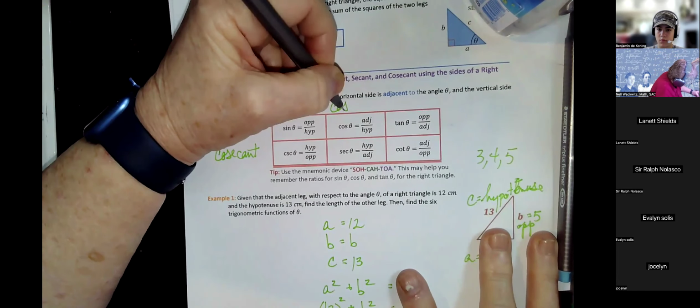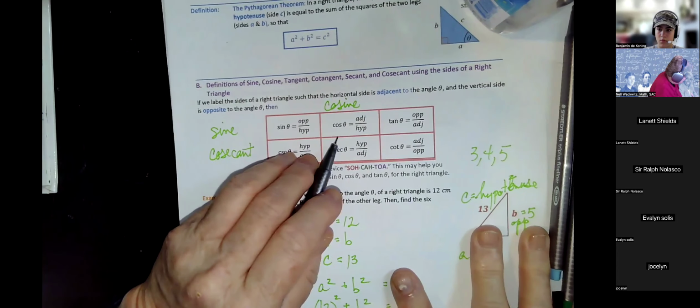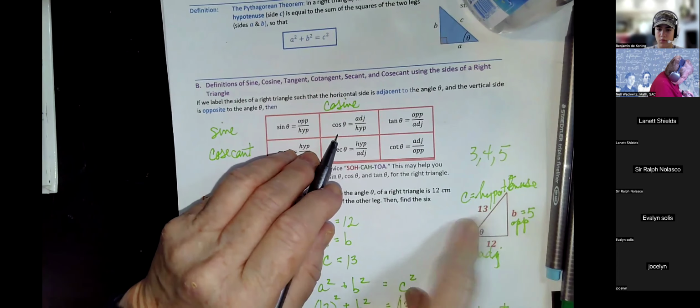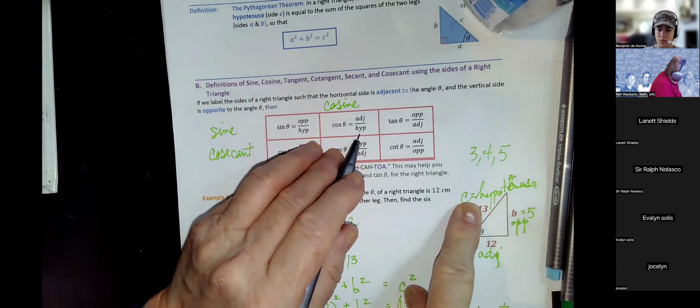Cosine is abbreviated COS, and it is adjacent over hypotenuse. The secant is the reciprocal of cosine.